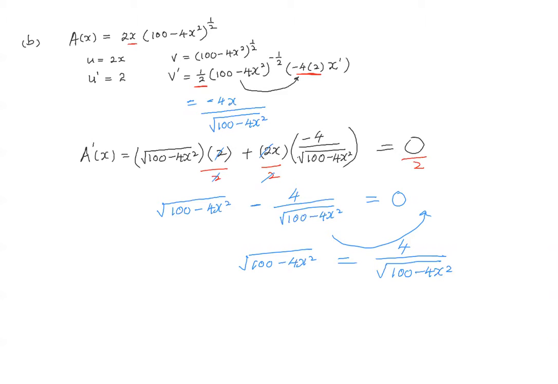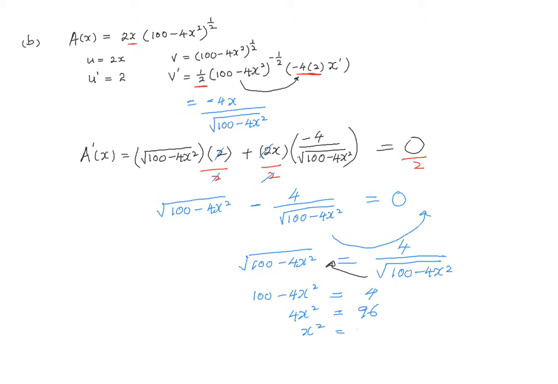Cross multiply. So it will become square root times square root, become square. So they cancel off each other. So my 4x squared will be equal to 96. So x squared will be equal to, am I right?